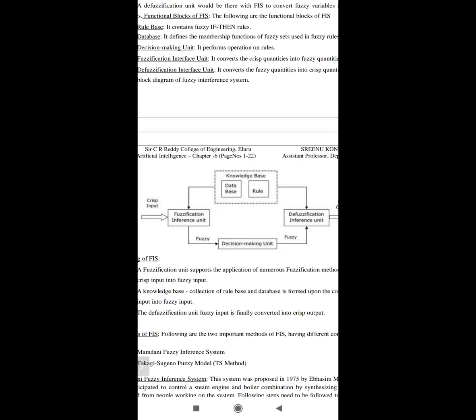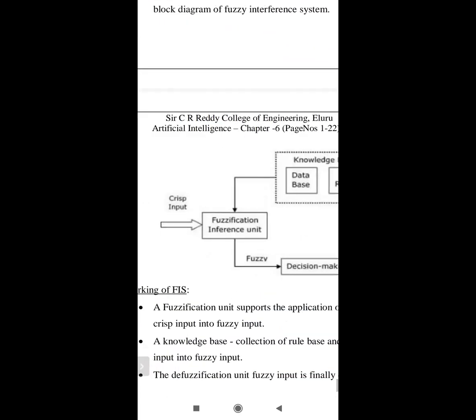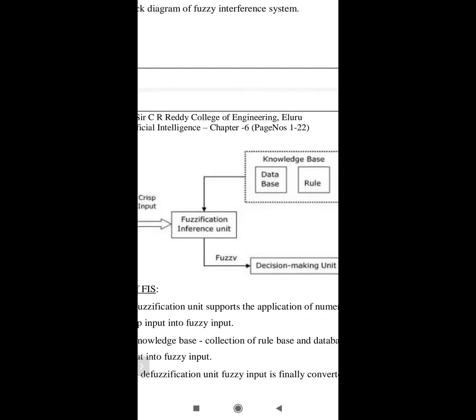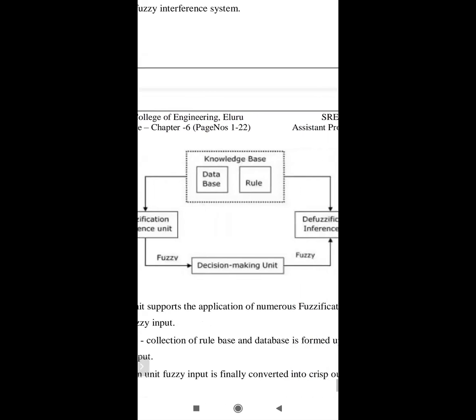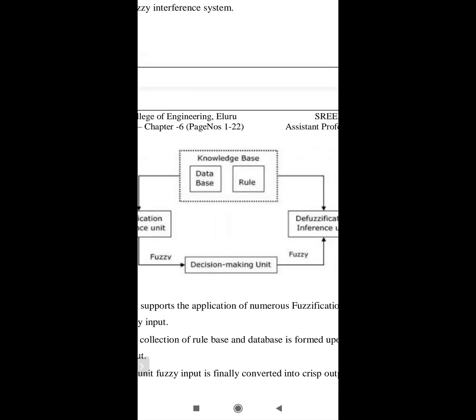So this fuzzification interface unit converts the crisp quantities into fuzzy quantities. See this one. It takes the crisp input and converts it into fuzzy input, by applying all the rules and also the membership functions. That fuzzy input is given as the input to the decision making unit.